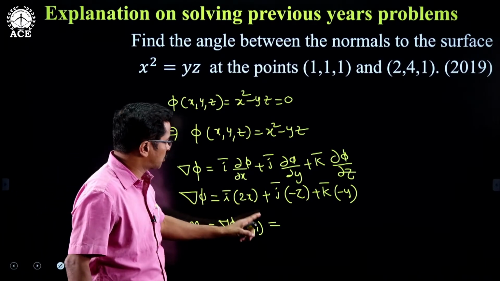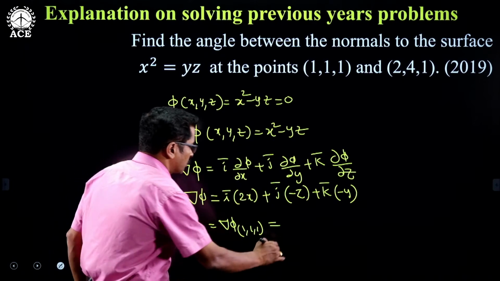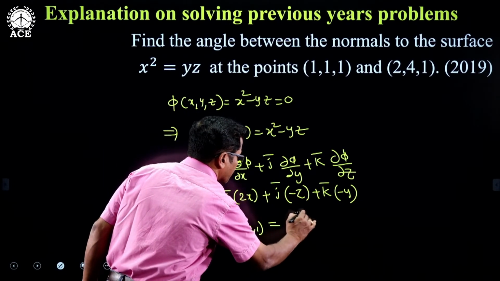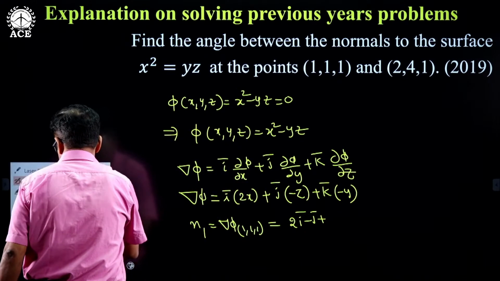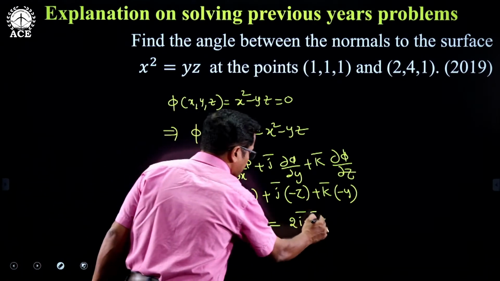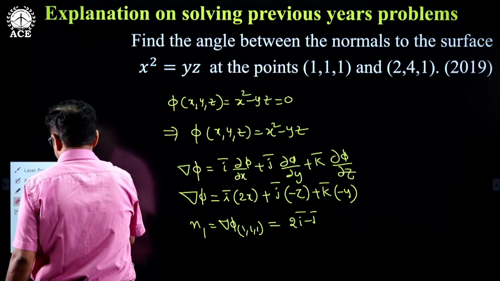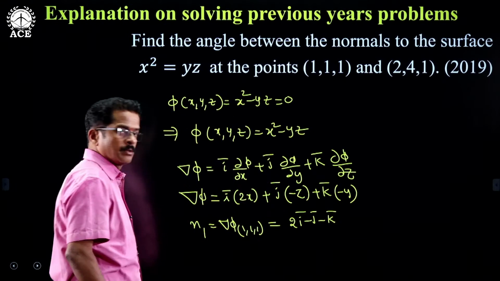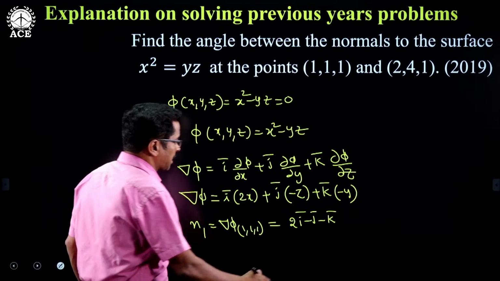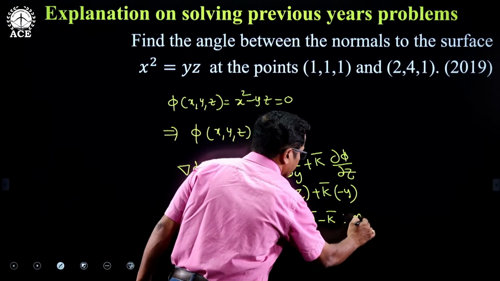Put x is equal to 1, y is equal to 1, z is equal to 1. In this you will get 2 i bar minus j bar minus k bar. Next, similarly n2.